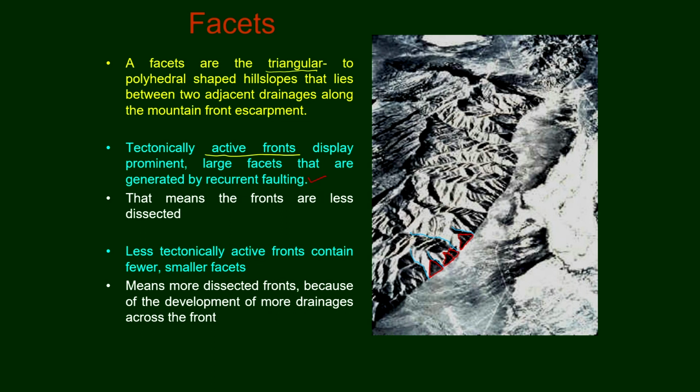If the area is quiet, with no tectonic movement taking place, that area will be subjected to more erosion over time, hence you will see more dissected fronts. This is for the case of less tectonically active regions. So, you can keep these points in mind along with the mountain front sinuosity we have done.